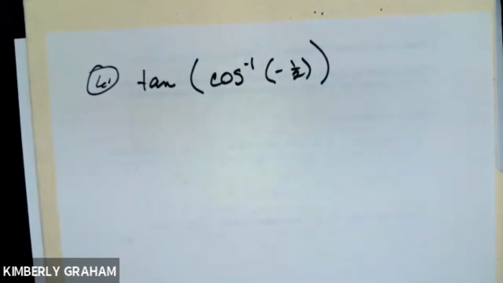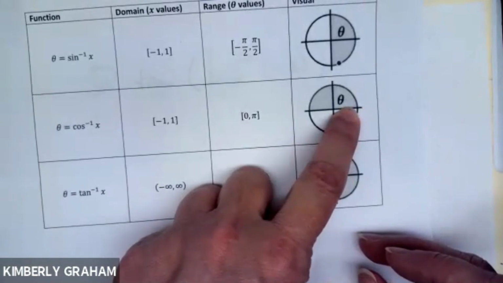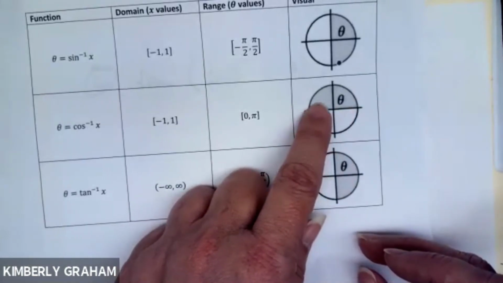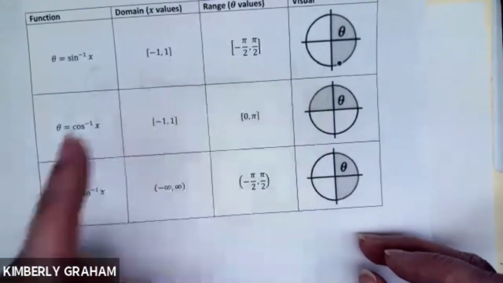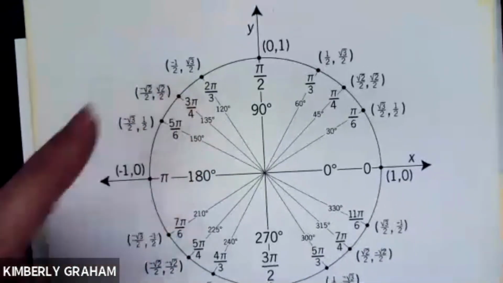So I have to be sure that I'm in the right quadrant. And when I'm looking at my cosine functions, I'm restricted to quadrant 1 or quadrant 2. And if cosine is negative, I'm going to be over here in quadrant 2. Right? So I know what quadrant I'm in.